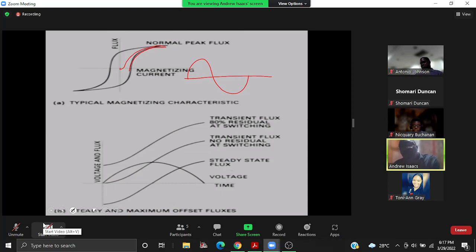From 0 to peak, you bring it up, bring it back to 0, and then when you reverse it, you get it to this point. Now this portion would be the residual flux.